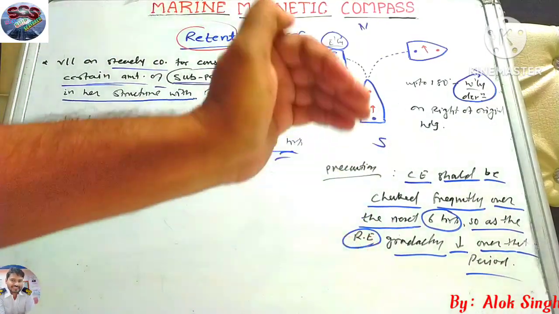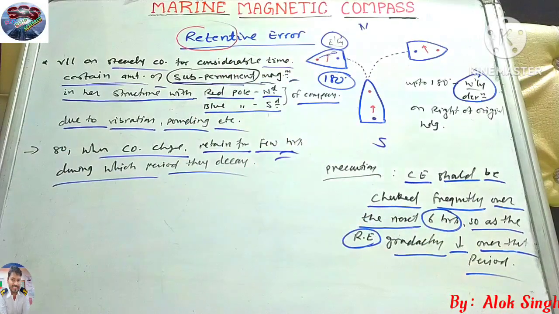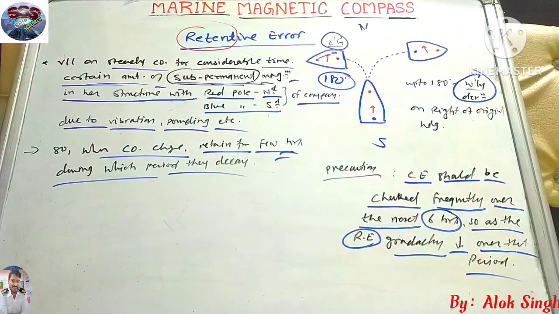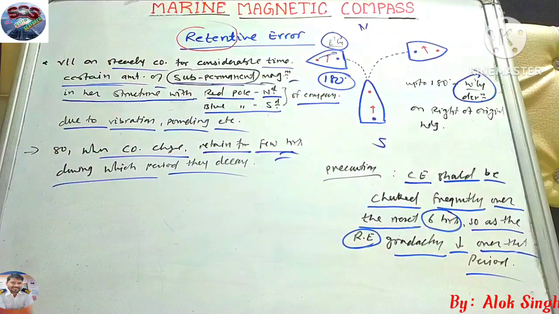So to verify, we need to take bearings frequently over the next 6 hours, and after that it will reduce to 0 and there will be no retention error in your ship's hull or in your compass.